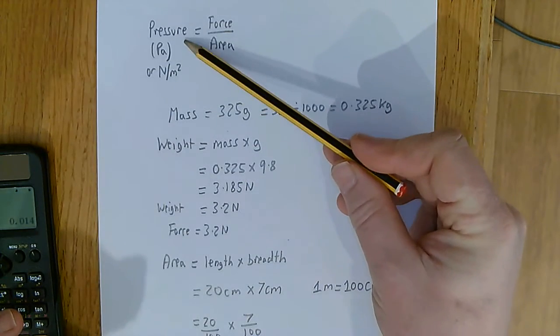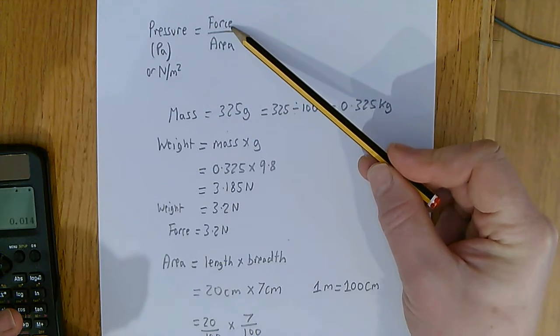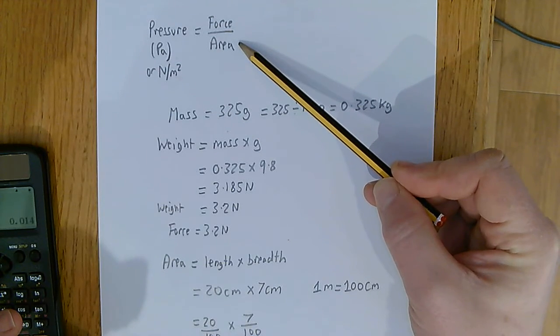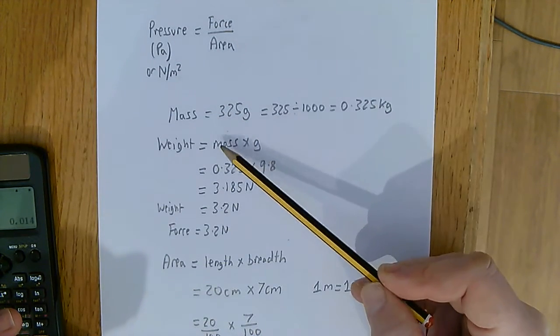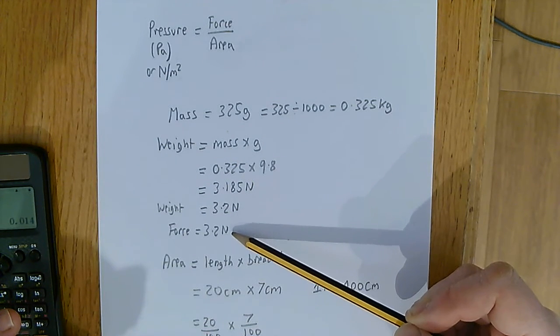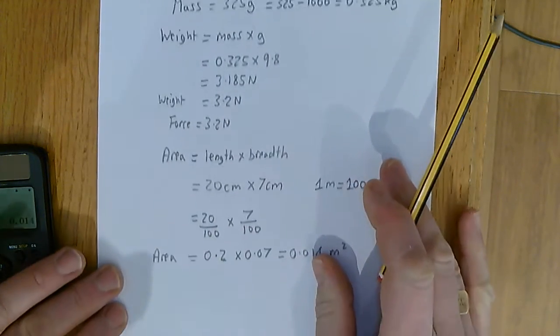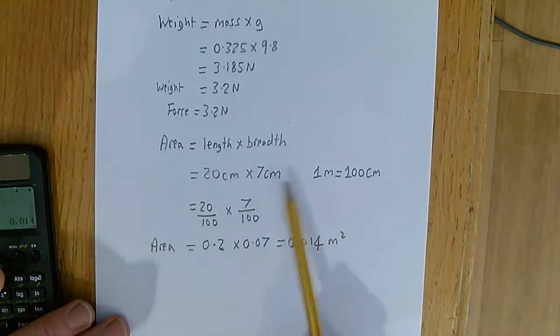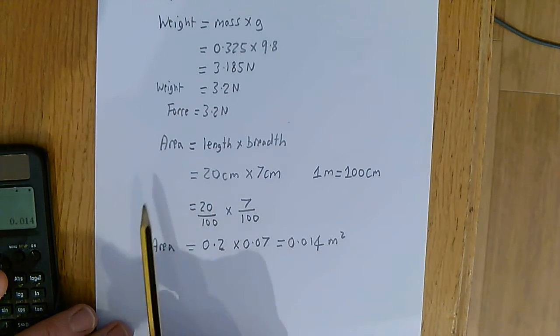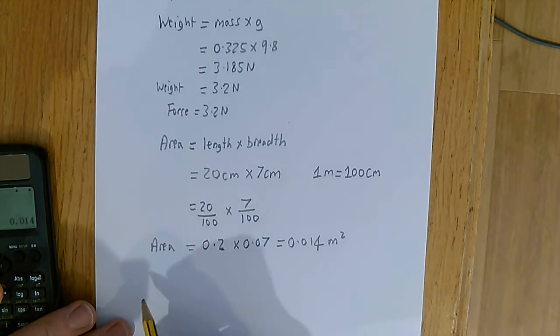So if we now go back to what we're doing, right at the start we had that the pressure in pascals, or newtons per meter squared, is the force divided by the area. We measured our mass with the scales, then we calculated the weight, the force, 3.2 newtons. We've then calculated the area of the side that the object is standing upon, and we've changed that into meters.